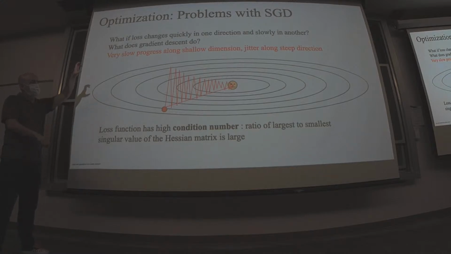That means the ratio of the eigenvalue in the steep direction to the smallest one in the other direction, you only have two anyway, is quite large. If you know anything about numerical computation, a large condition number is usually a bad situation. You usually get really unstable behavior.